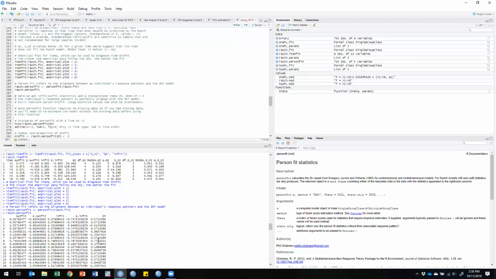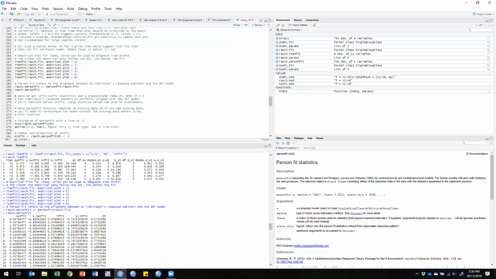This shows that the person fits the Rasch model. The ZH is a standardized index, and when ZH equals 0, the individual's response pattern is perfectly aligned with the IRT model.